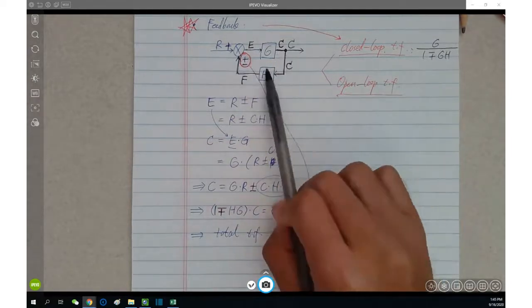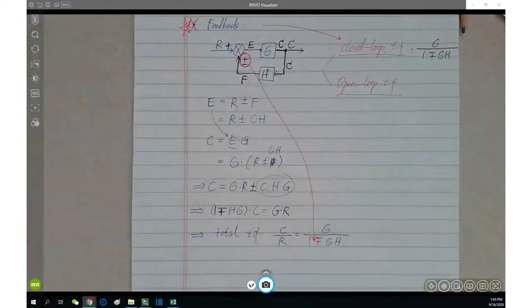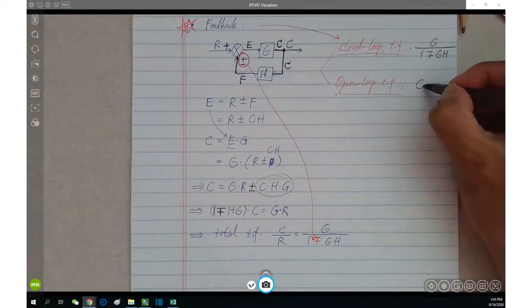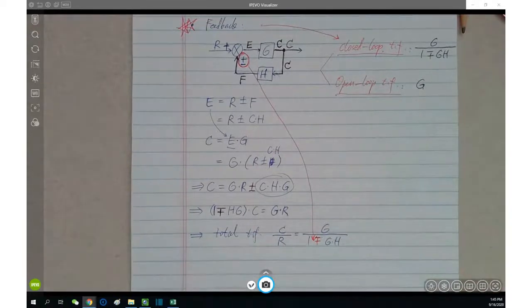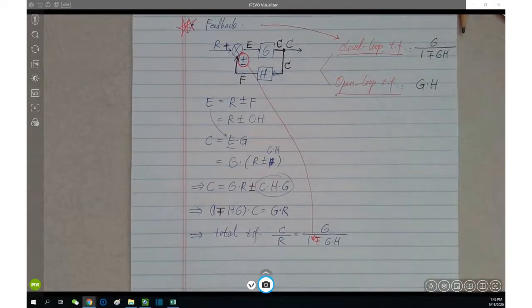However, it has an open loop transfer function defined, which is nothing but G times H. Okay, these two concepts are very, very important. You don't want to miss.